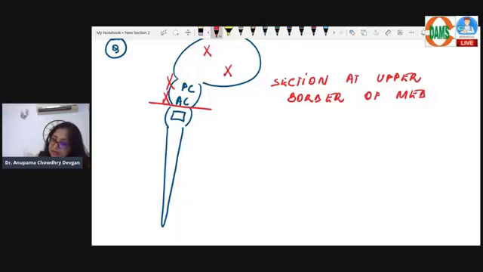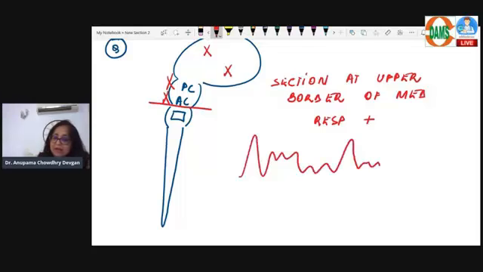So is respiration going to be present? Respiration is present, definitely. The rhythm of respiration is present, but it becomes highly irregular, irregular in both the rate as well as the depth.